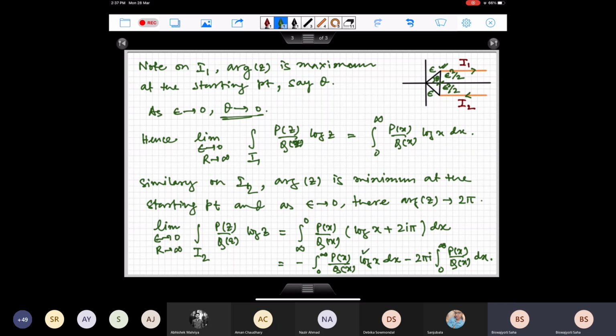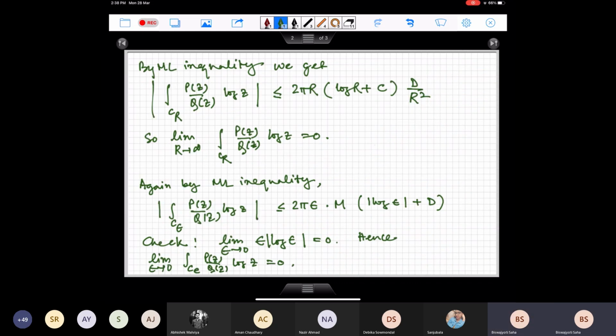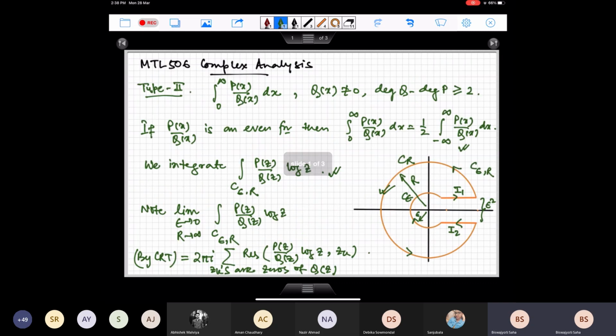Okay, all good. So if I add all of them, what do I get? This quantity gets cancelled with this one because there is a minus. And the contribution coming from CR and C epsilon were 0. So this one is already 0, this one was becoming 0, and whatever the contribution of this one was, that got cancelled with this one.